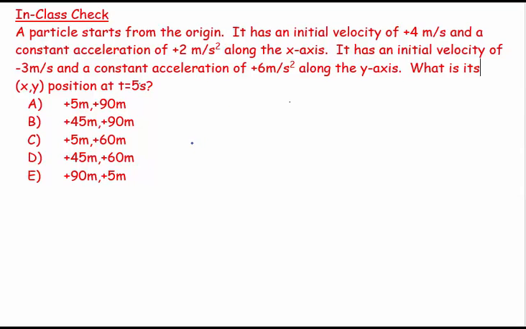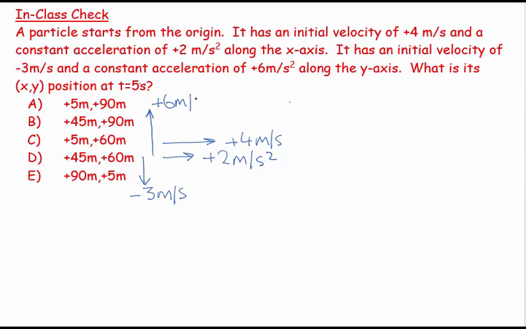It has an initial velocity of plus 4 meters per second and a constant acceleration of plus 2 meters per second squared along the x-axis, and it has an initial velocity of minus 3 meters per second and a constant acceleration of plus 6 meters per second squared along the y-axis. And it says, what is its xy position at t equals 5 seconds?